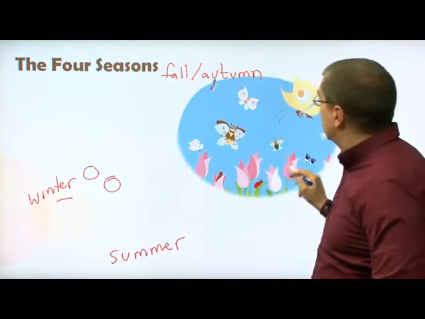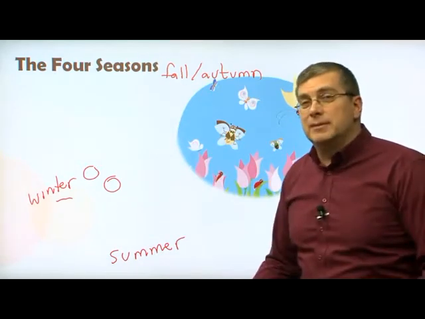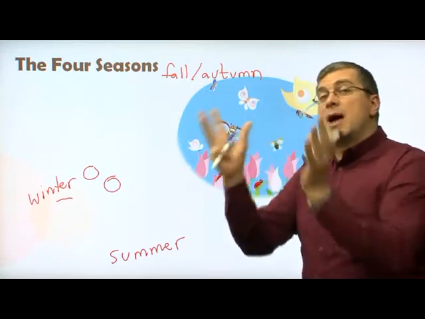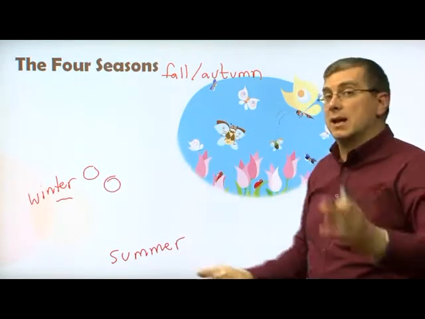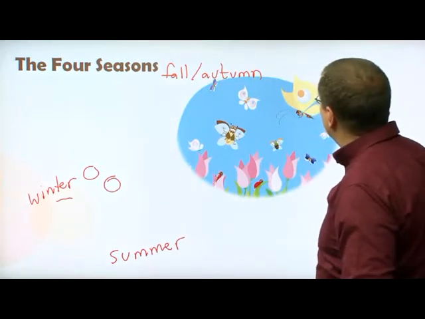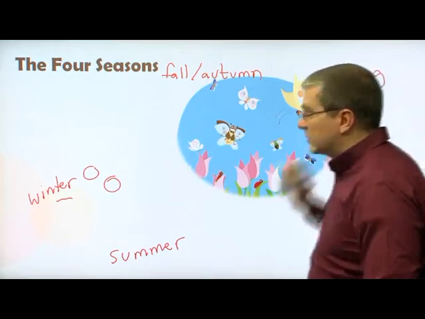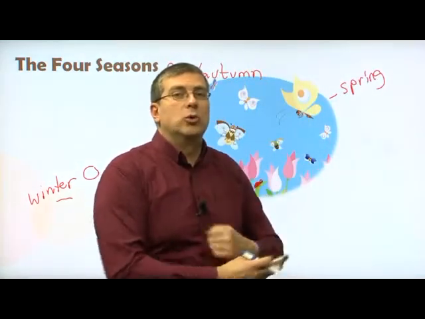Many bugs are flying around and they're coming out. What season is it when it's warmer? Flowers come out and insects start flying around again. Of course, in that season, we say it's spring. Spring. It's when life starts again after the cold winter.